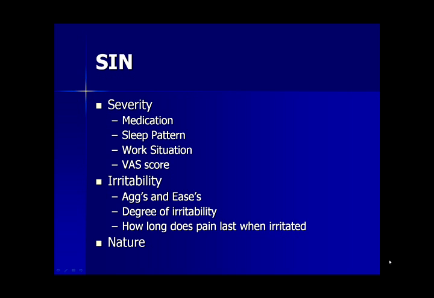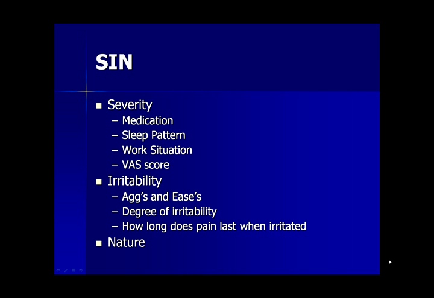Finally, you will consider the nature of the problem. As you've gathered information as you go along, you may have a good idea of what the problem is. For example, a grade 2 sprain of a lateral ligament of the ankle. But you may also be more vague if it hasn't been clear as to what the condition is. So you may just note down that it is low back pain.